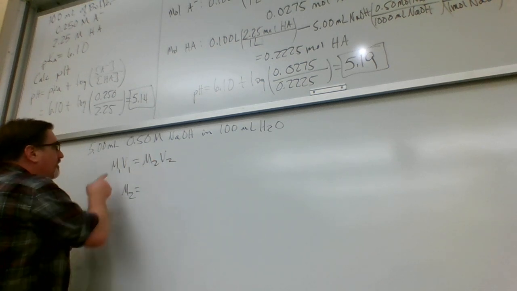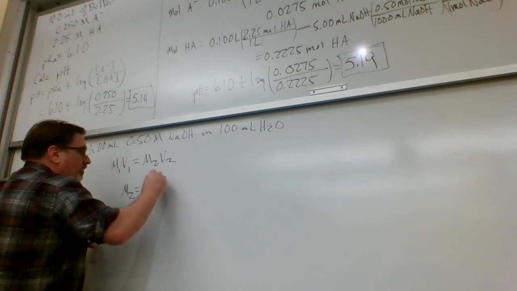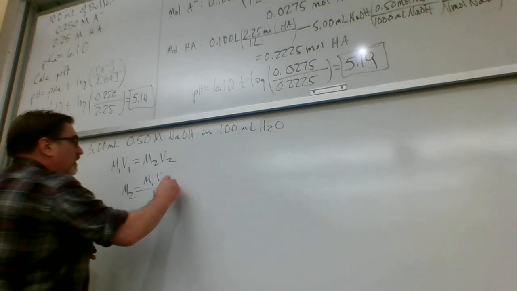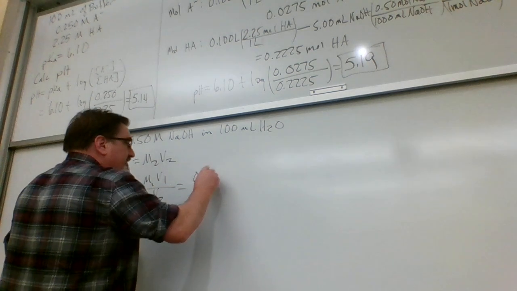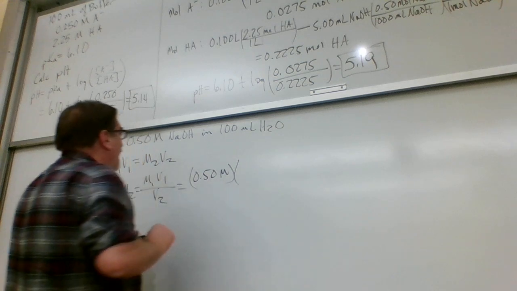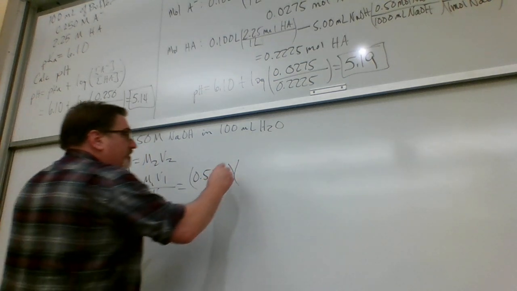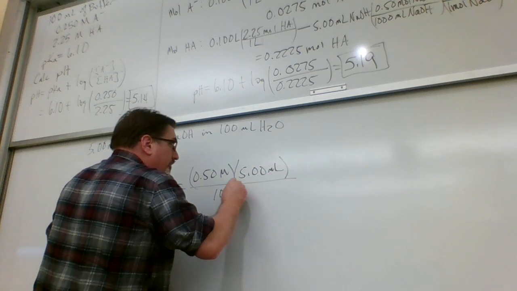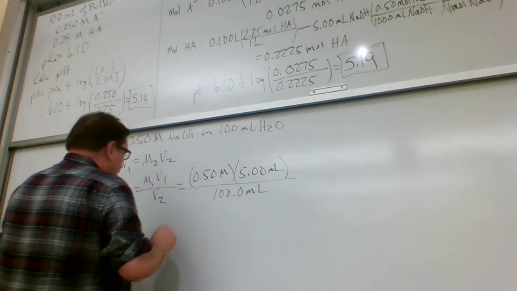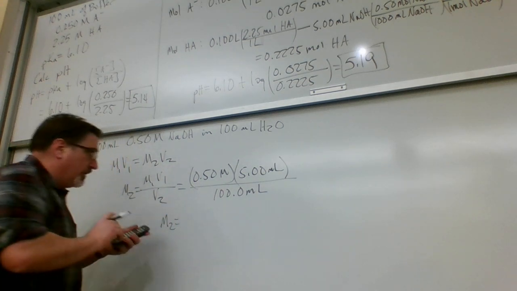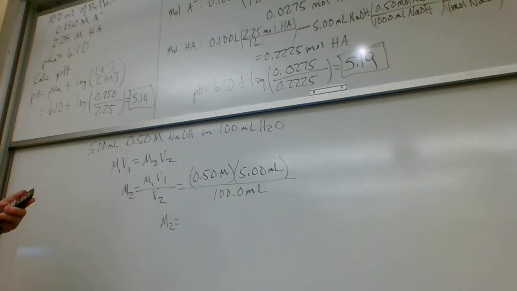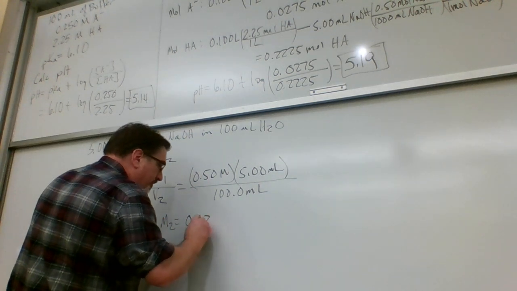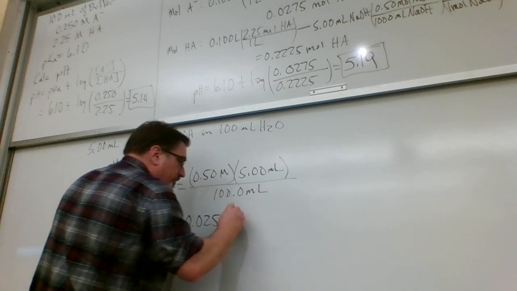Final concentration is M1 times V1 over V2. So we plug in our numbers. Our initial molarity, 0.50 molar, and our initial volume, 5.00 milliliters over 100 milliliters. This gives us M2 to be 0.5 times 5 divided by 100, 0.025 molar.